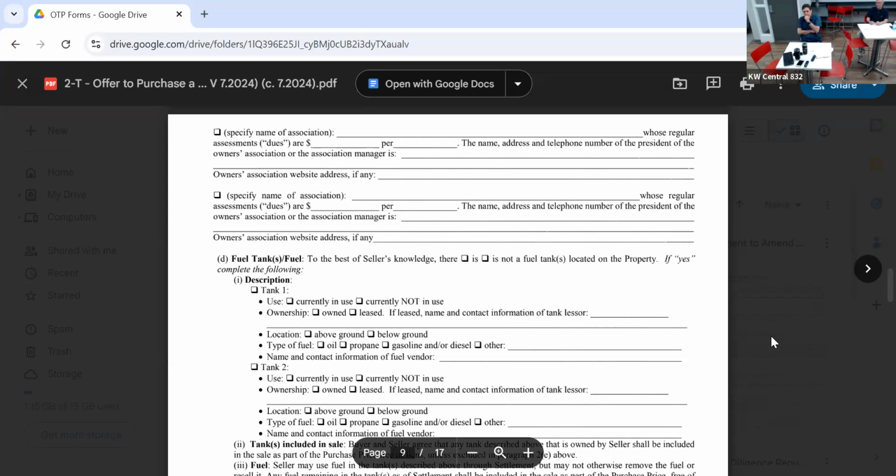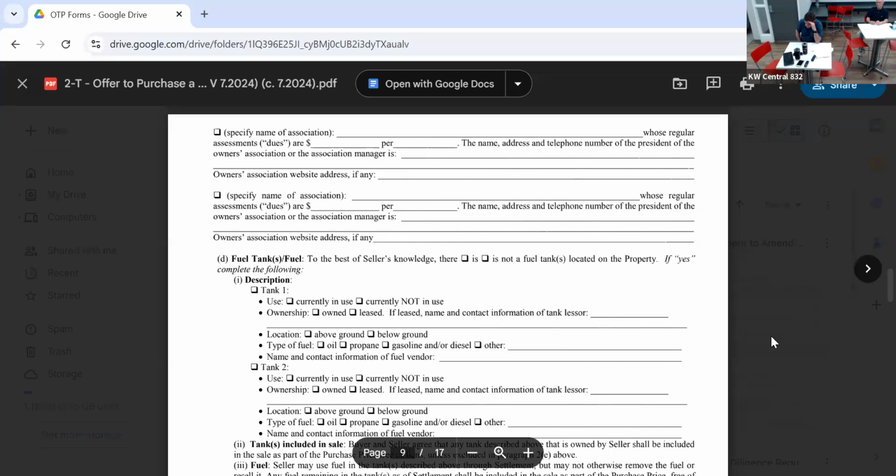Fuel tanks: is or is not a fuel tank? Let's just talk about, is it in use? There might be a fuel tank that's not in use because it's under the ground and just has a little pipe sticking up. That's the only reason you know there's potentially one there. Or there might be one of those cow looking things at the back of the house, not in use, just nobody's bothered to haul it off.